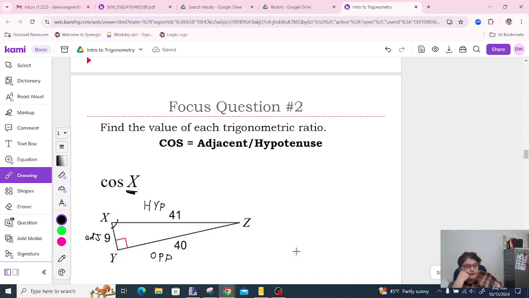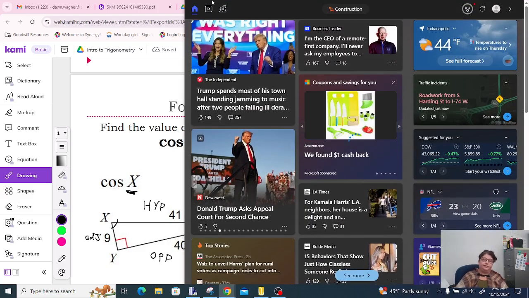I'm going opposite. Then I do the hypotenuse, which is always across from the 90. And then I'm going to label the adjacent. So cosine of x. Now I'm going to put adjacent over hypotenuse. Where's adjacent? 9. What's hypotenuse? 41. You should reduce your fractions, but so far we hadn't had any that we needed to reduce.